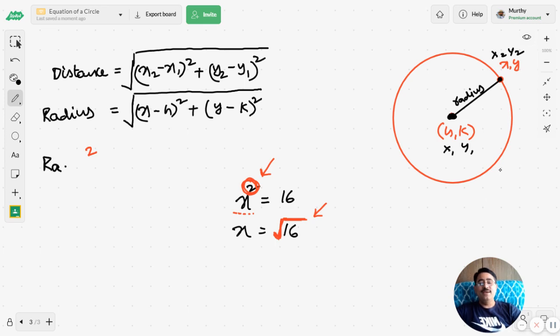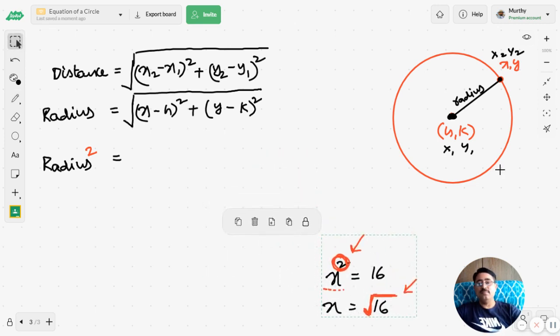Therefore, radius square equals x minus h square plus y minus k square.